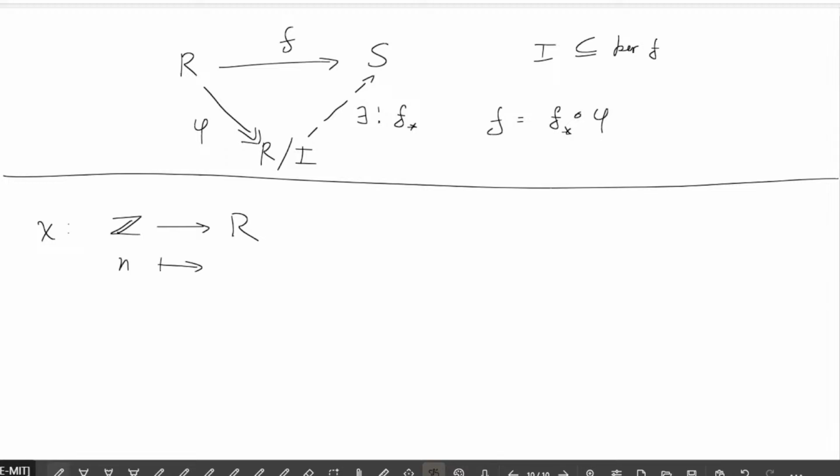What is the meaning of n multiplied by 1_R?